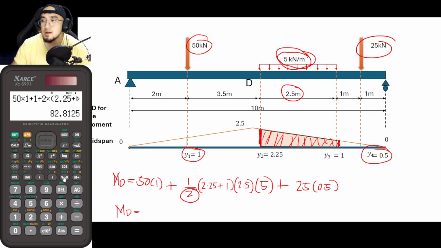So the answer is still the same, and that is 82.8125 kilonewton meter. So you could also compare with the result if you would not make use of ILD. So the answer should be exactly the same. So there.